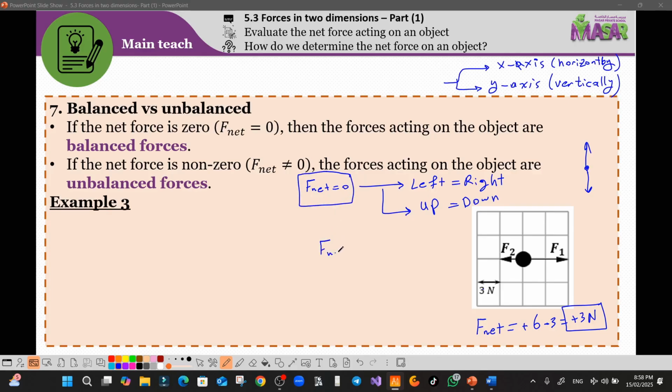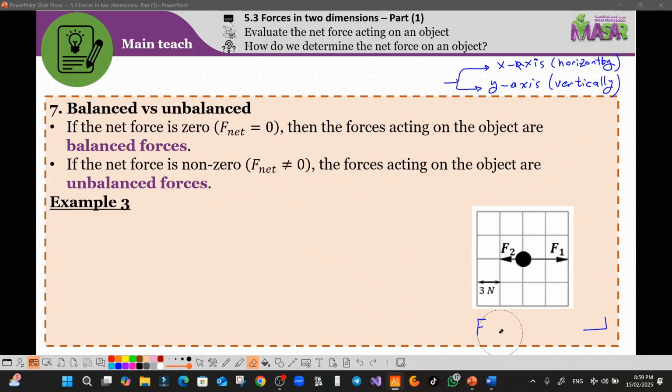Now, what if F net does not equal 0? Then from the first moment we can notice that left must not equal right. So they're going to be unbalanced horizontally, or along the x-axis, and if up does not equal down, they're going to be unbalanced vertically, or along the y-axis.